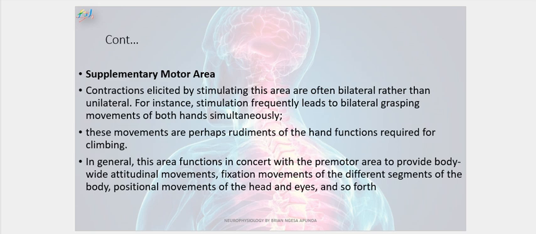These movements are perhaps rudiments of the hands' functions required for climbing. For climbing, you need simultaneous contraction to achieve that type of motor activity. In general, this area functions in concert with the premotor area to provide body-wide attitudinal movements, fixation movements of different segments of the body, positional movements of the head, eyes, and so forth. So this area is also very important.